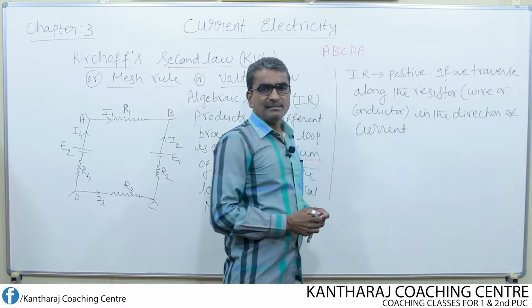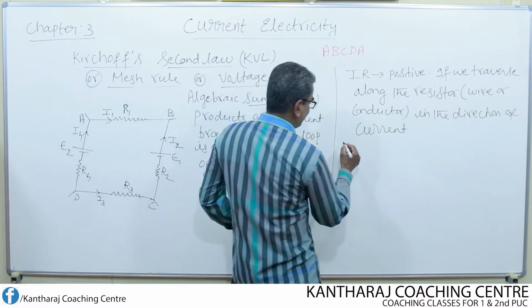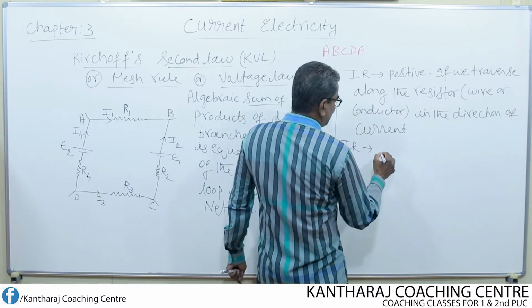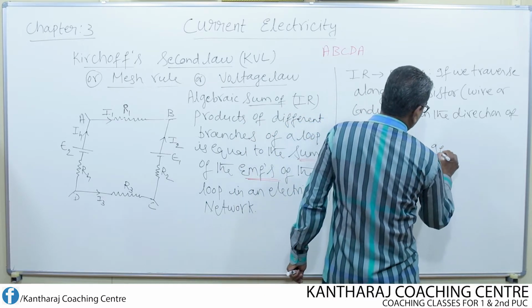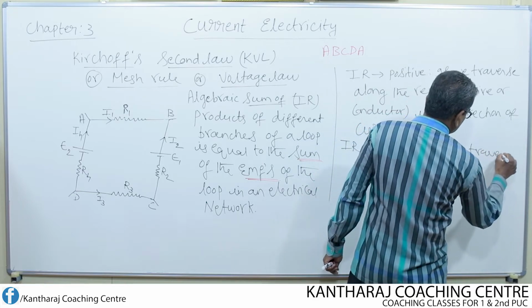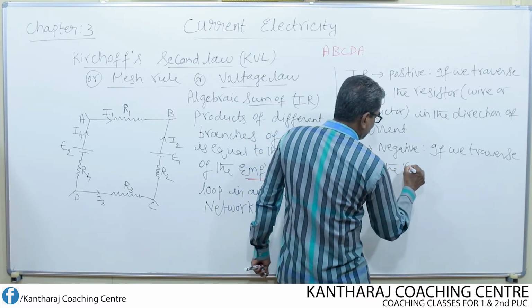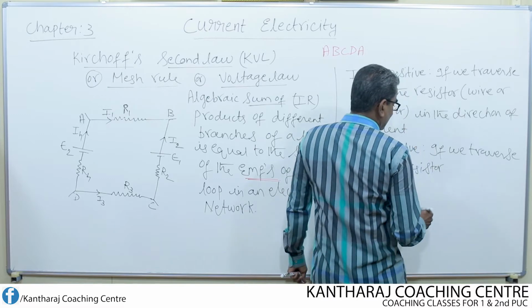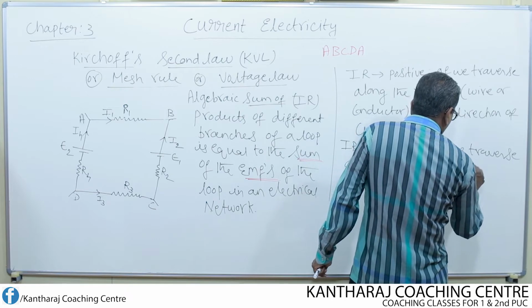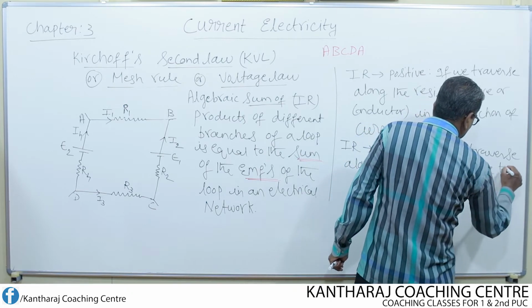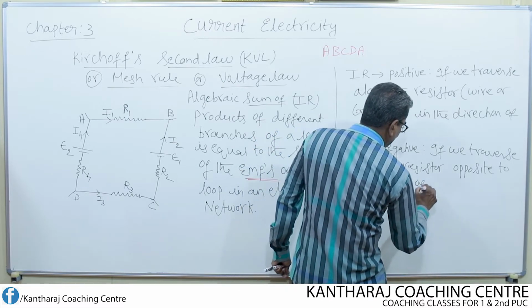Similarly, IR product is taken as negative when we traverse along the resistor, conductor or wire opposite to the direction of current.